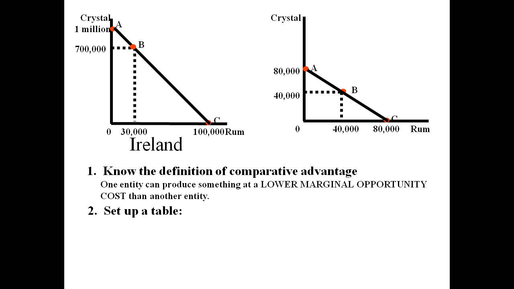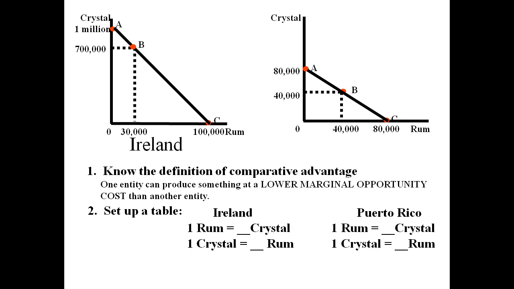Then we're going to set up a table, and this table is very essential. We're going to look at Ireland: if they focus on making 1 rum, how many crystal are they going to give up? If they focus on making 1 crystal, how many rum are they going to give up? Then we'll look at Puerto Rico and ask the same questions.